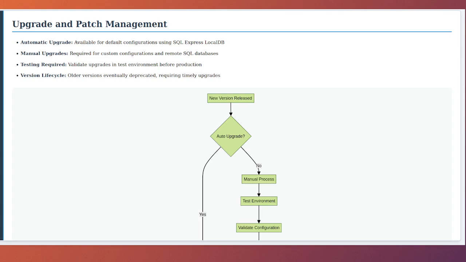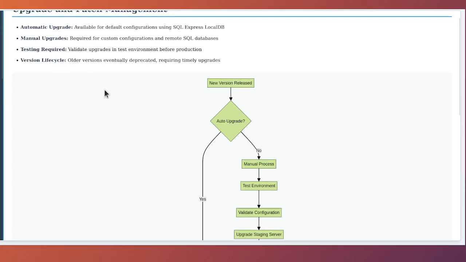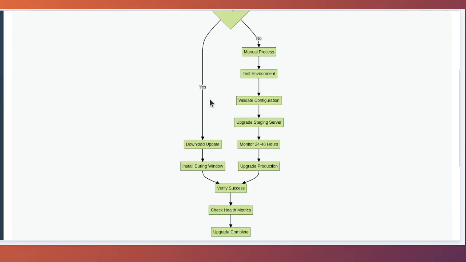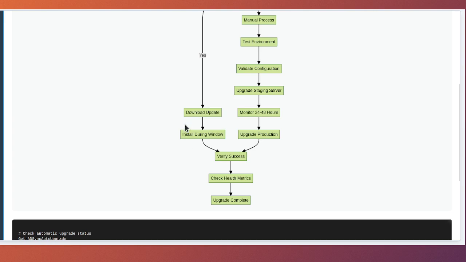Automatic upgrade is a feature that downloads and installs minor updates and patches without administrator intervention, helping ensure servers stay current with security fixes. However, automatic upgrade only applies to installations using SQL Server Express Local DB in default configurations without extensive customization. If automatic upgrade is enabled, the Azure AD Connect service periodically checks for new versions and downloads updates during maintenance windows.